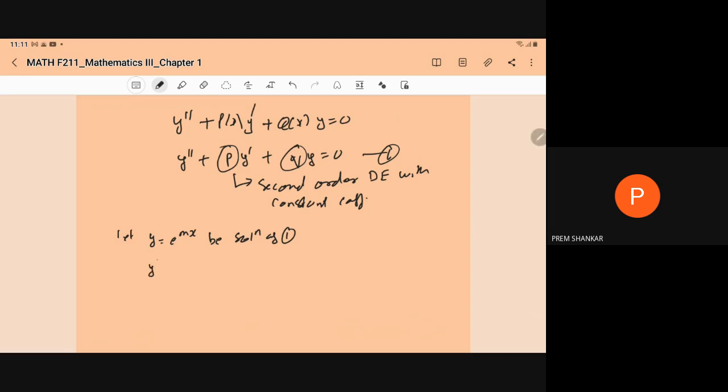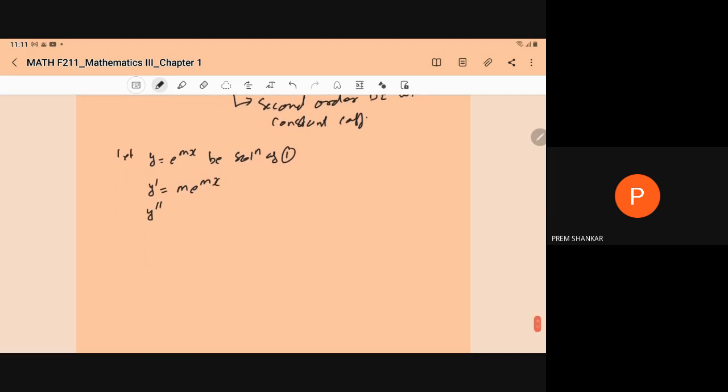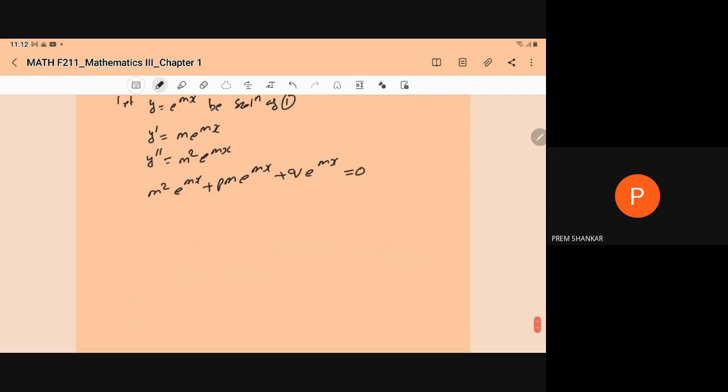So y dash will become m e to the power mx and y double dash will become m square e to the power mx. When we put these values in the given equation, it becomes m square e to the power mx plus p into m e to the power mx plus q into e to the power mx is equal to 0.